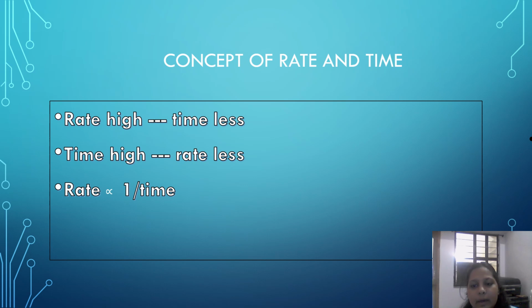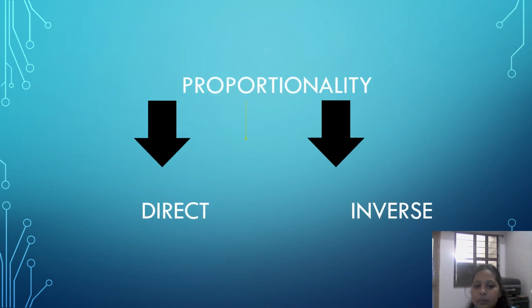And the rate and time concept is just this: if the rate increases, the time will decrease, and if the time increases, the rate will decrease. The rate is inversely proportional to time. Now what is inverse proportion?